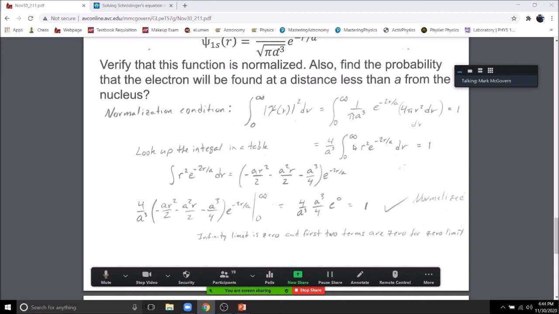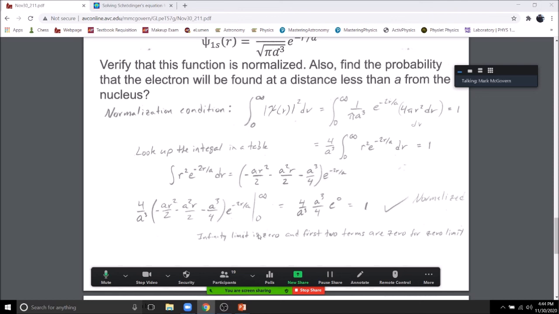Anyway, this integral, not the funnest thing in the world, but it does have this form right here: three different terms with an e to the minus 2r over a. And we're going to integrate this from 0 to infinity. Well, the infinity limit is not very interesting for us because that just goes to 1.